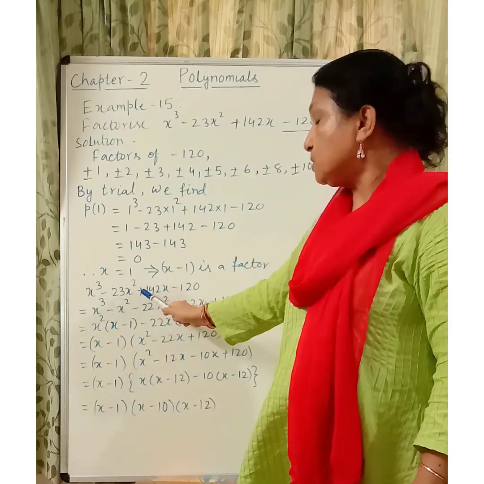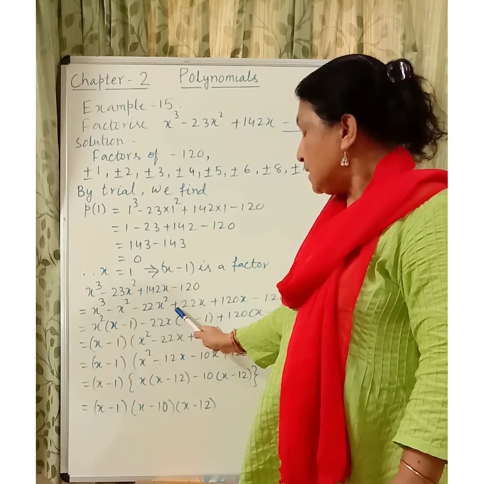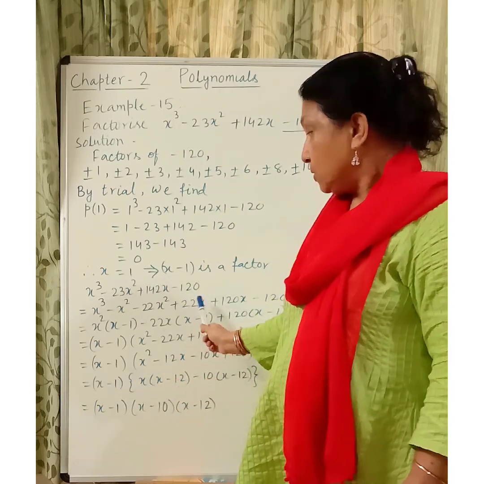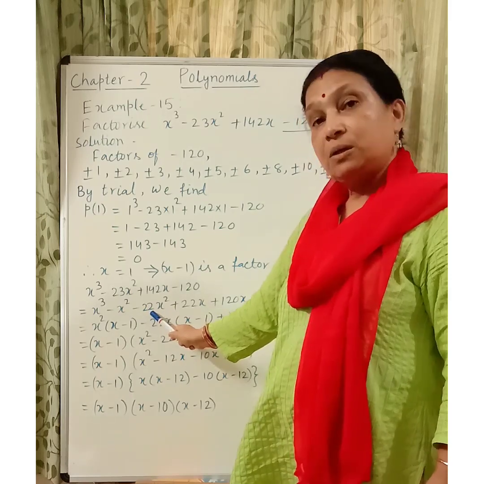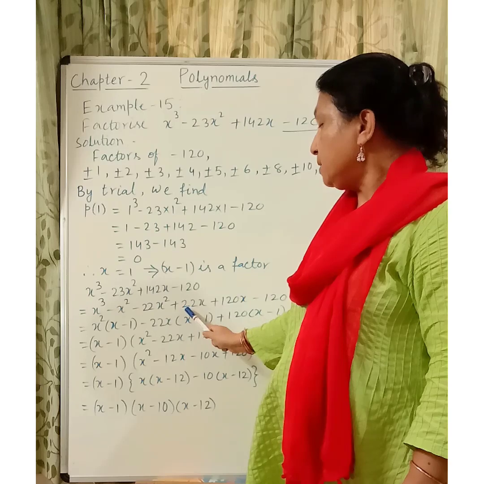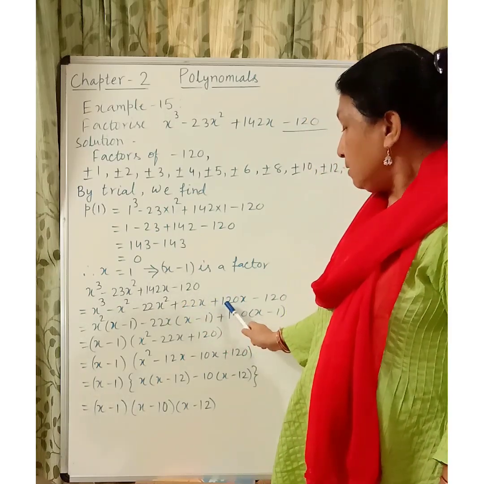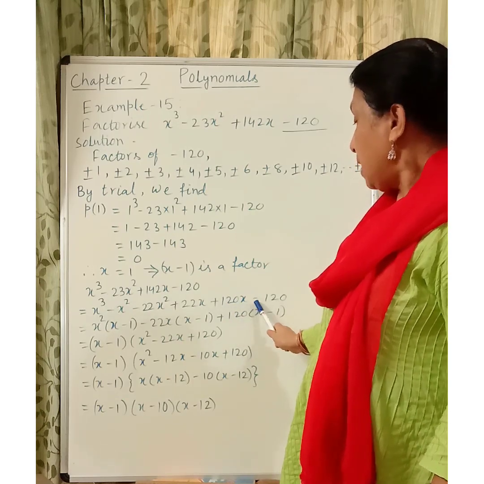Then how to split 142x? 142x will be plus 22x, and then 120x, not other numbers. You see, in the previous term we have minus 22 as the coefficient, so here we have taken plus 22x, then plus 120x minus 120.